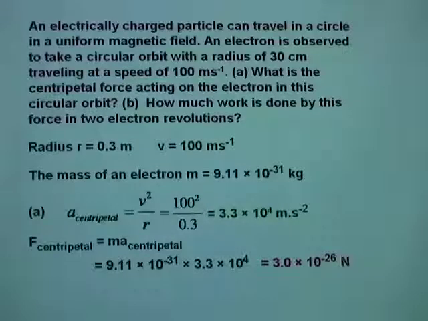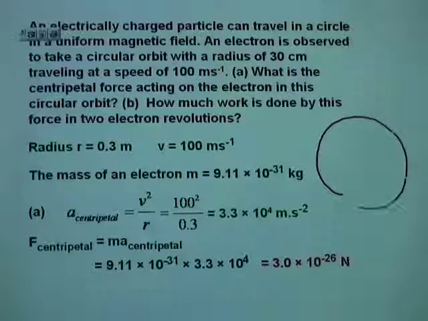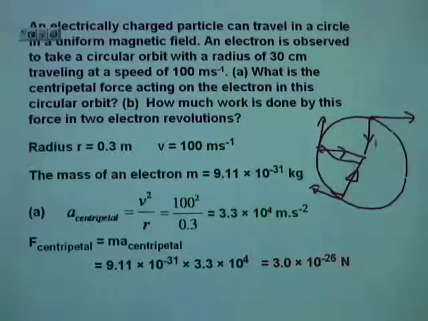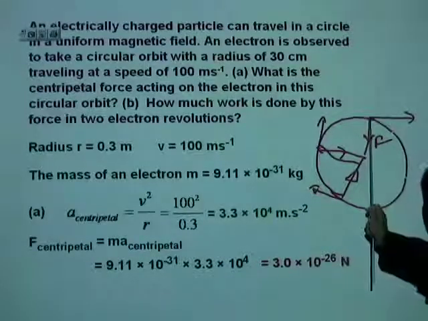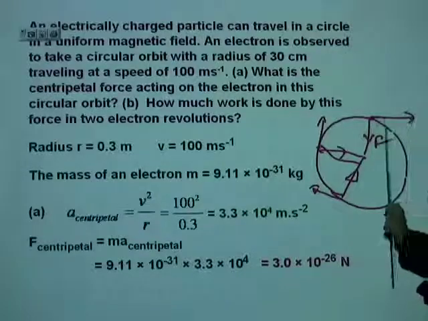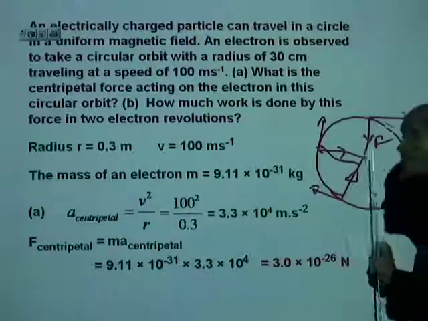Now let me see if I can illustrate this here. The electron is moving in a circular path, and the direction of the force is towards the radius. Now the electron is moving at any instant at right angles to the force. So if this is the direction of the force, there you are. At any instant, the direction of displacement is exactly perpendicular to the direction of the force.